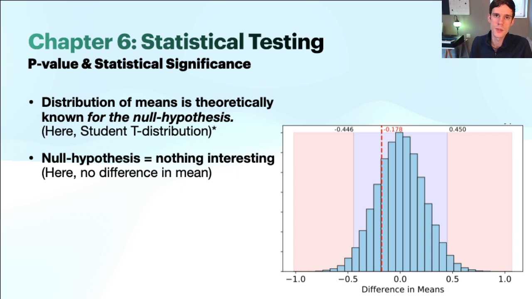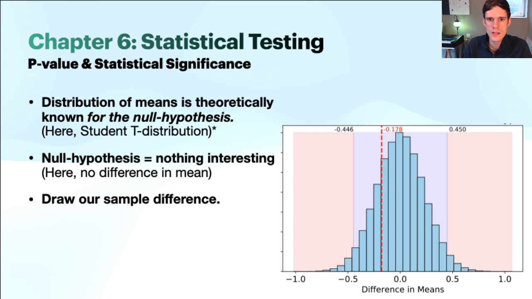The second ingredient is this distribution of possible differences in means if the underlying populations do not show a difference in means, the null hypothesis.